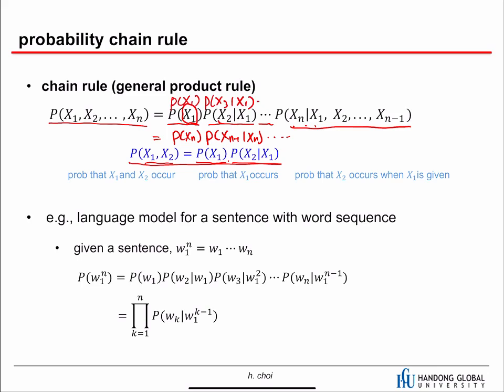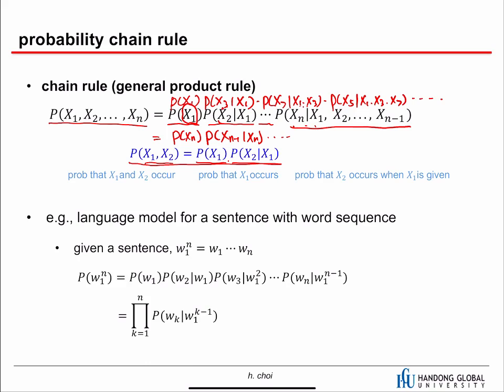Then p of, let's say, x7 given x1 and x3, because we have x1 and x3, so x1 and x3 should be the condition of this probability, times p of, let's say, x5 given x1, x3 and x7, etc. So the order means nothing here as long as we keep this kind of pattern.